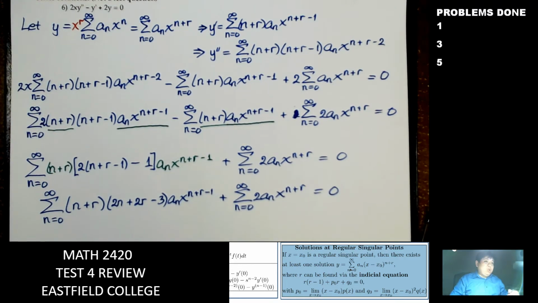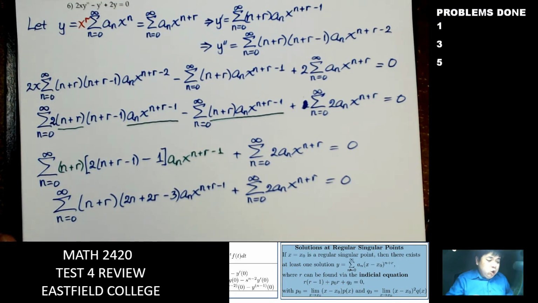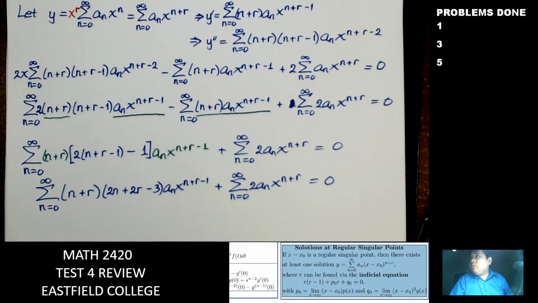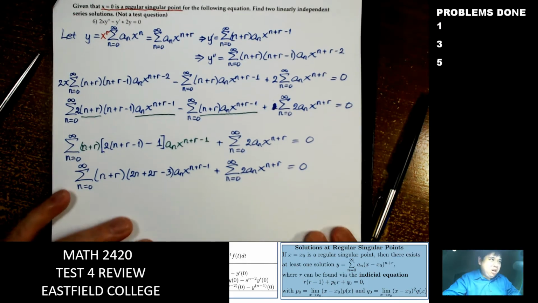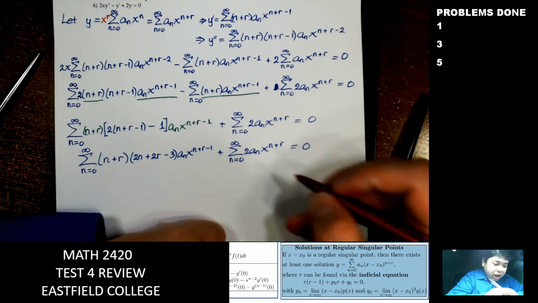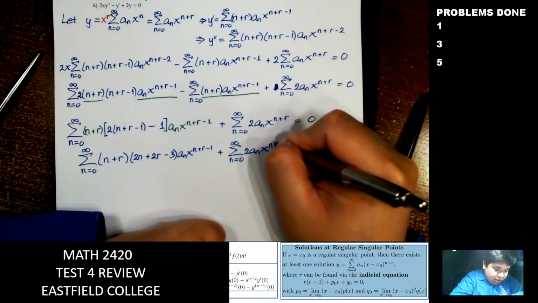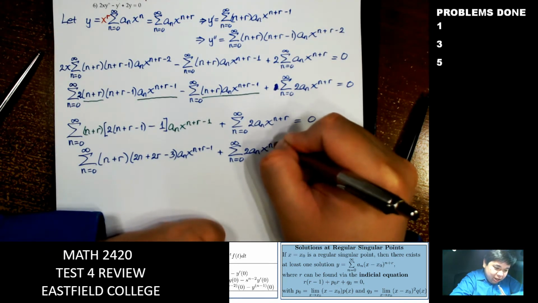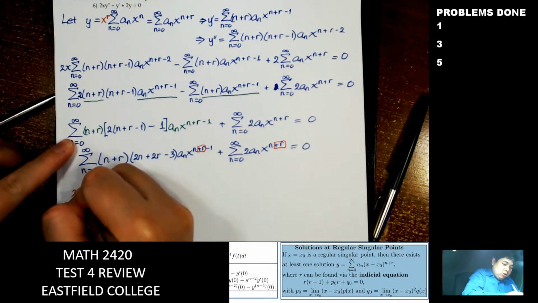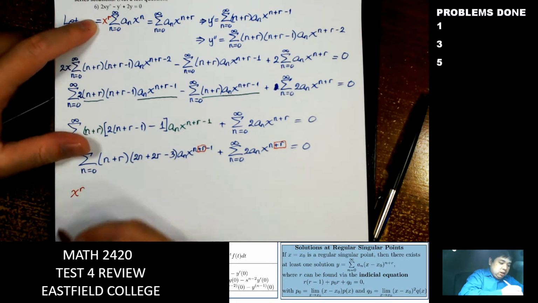Next we will combine these 2 series. It will be a lot easier if we combine them. I'm going to zoom out so we have a bigger picture of things. It will be easier to combine them if we don't have the r as a power, so I factor out the x to the r just like what we did earlier.